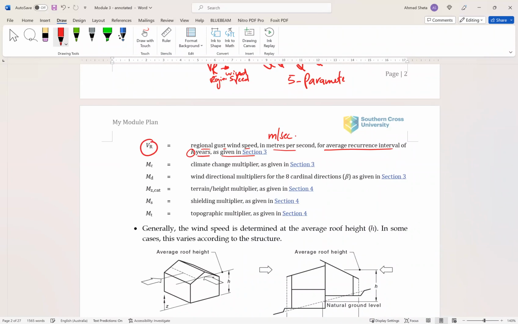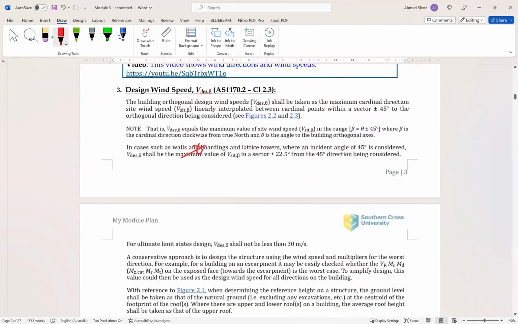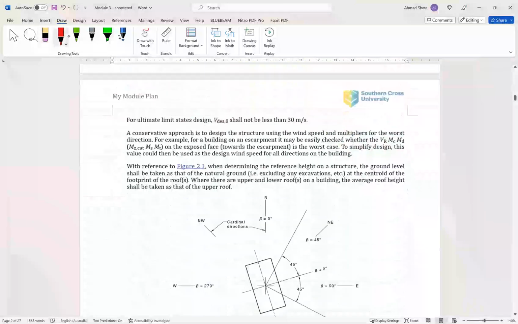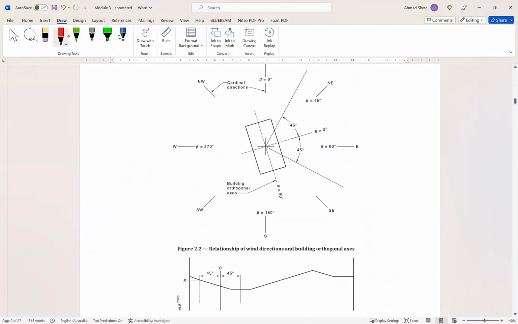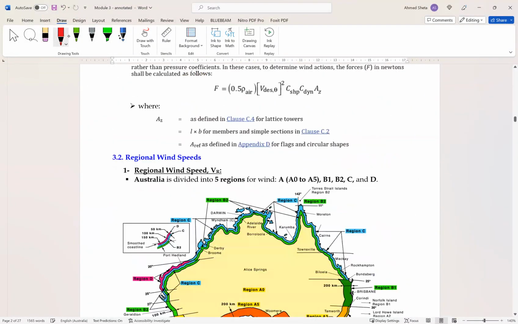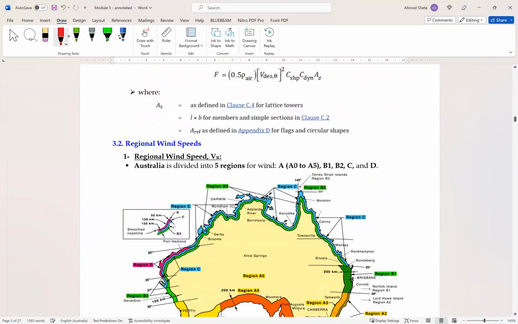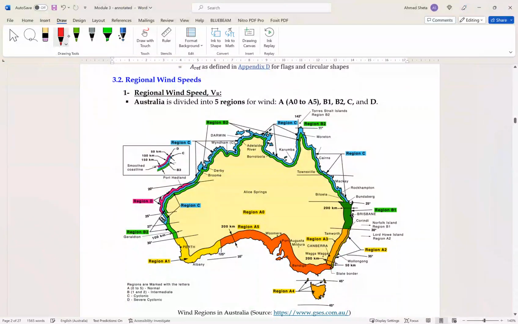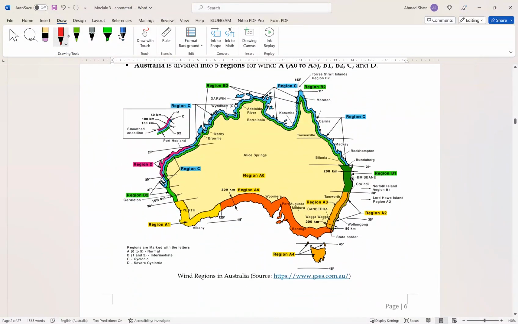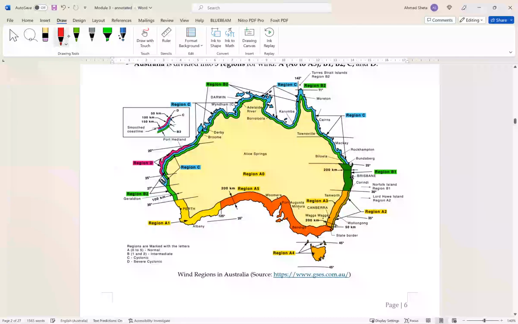So we will go to this one now. If we go to section 3, as you can see, this is just to show you what is meant by that. This is the regional wind speed.